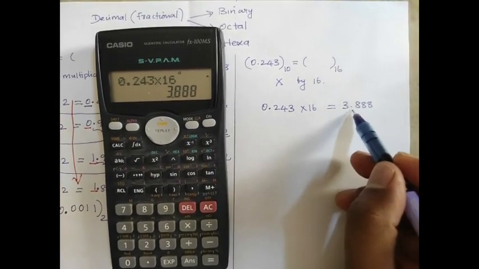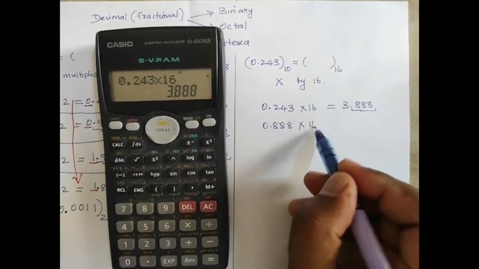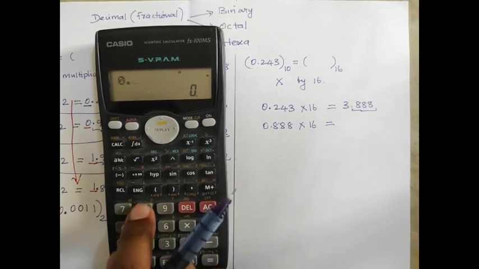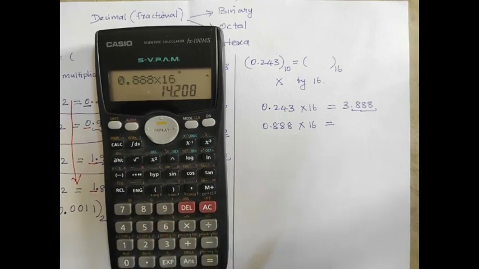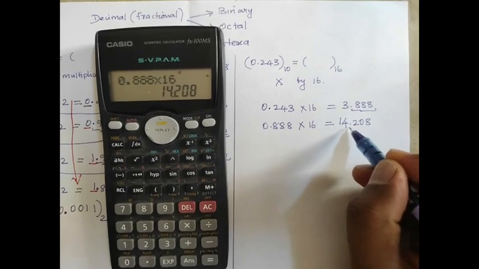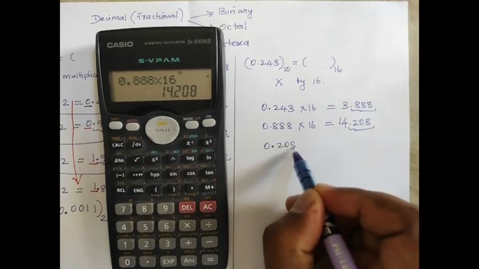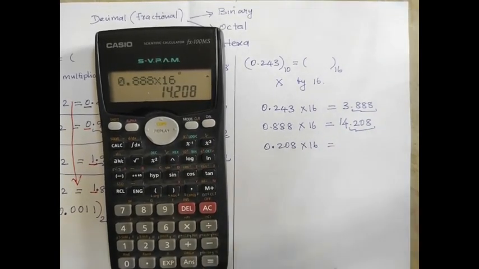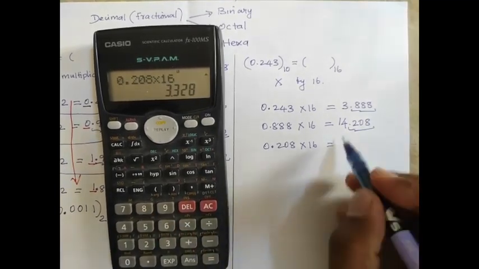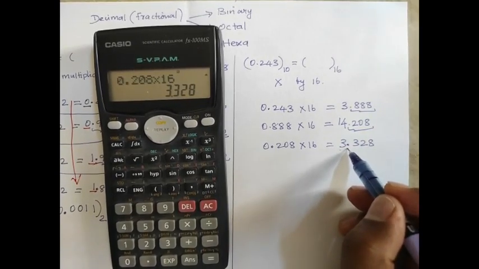Now don't take 3, only take the 0.888 and multiply by 16, and you will get 14.208. Don't take 14, you take only the decimal value, that is 0.208, multiplied by 16, and you will get 3.328.